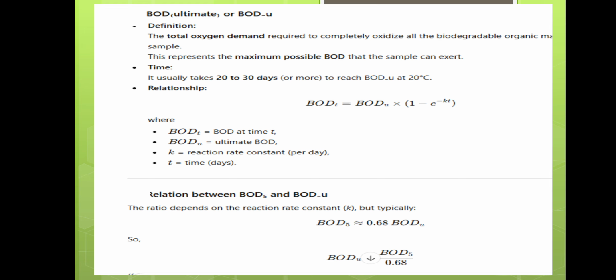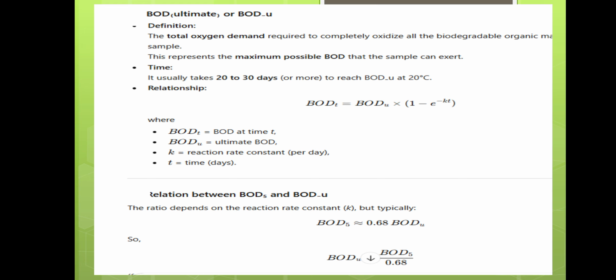So BODT represents the BOD at the given time frame, which can be considered as BOD5, and BOD ultimate represents the total decomposition of organic matter. Here e represents the base of the log, generally base 10.